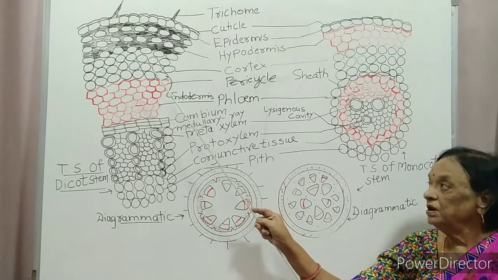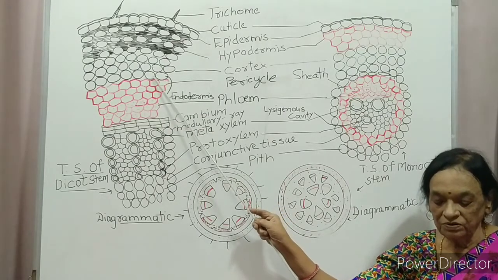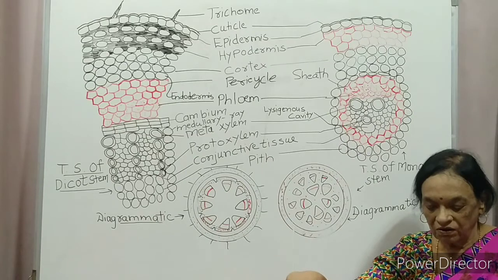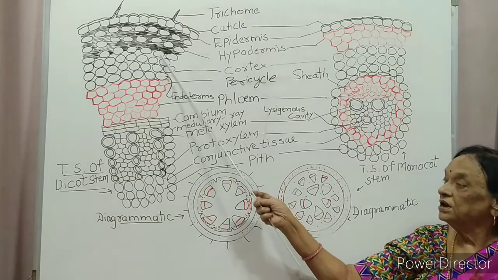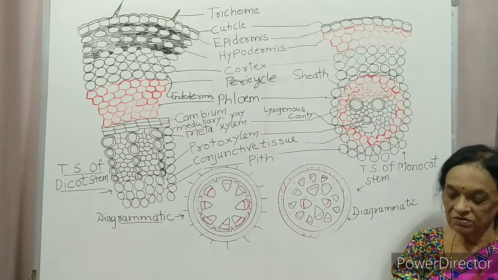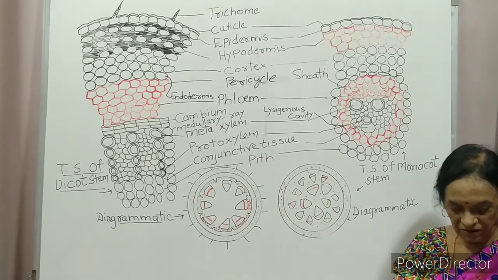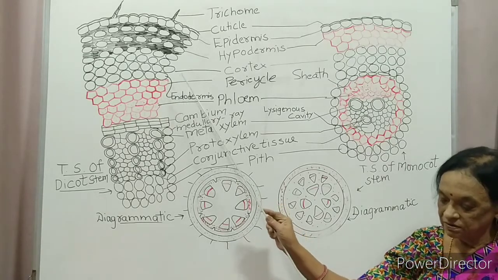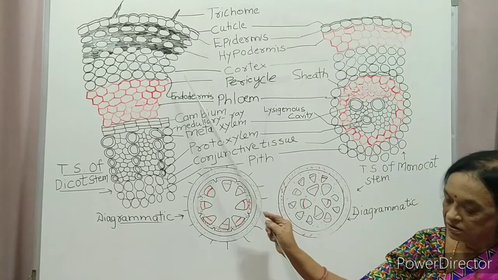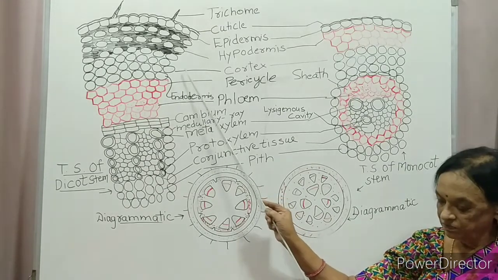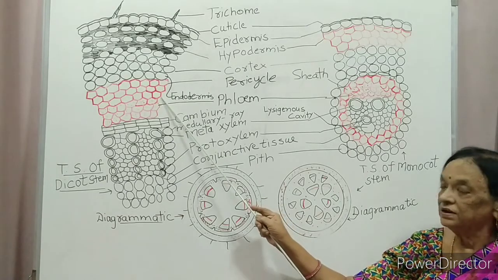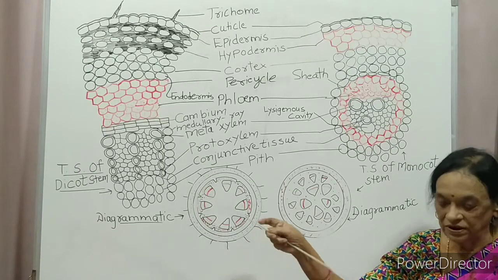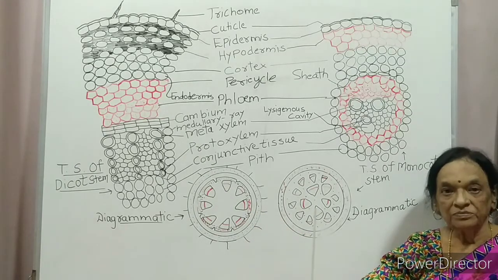So this cork cambium is called phellogen. The cells which are produced outside are called cork or phellem. Then the lower layer is called phelloderm, or secondary cortex. All these three layers together are called periderm.